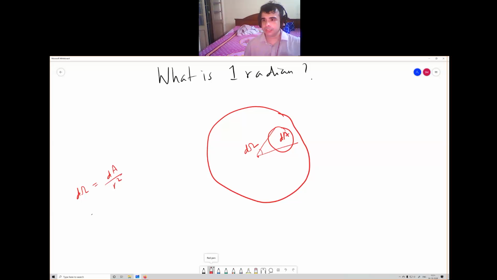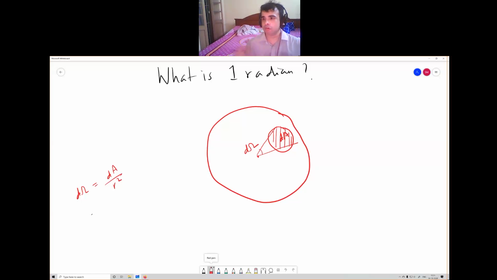Yes, very good, very close. So what she is saying is that if this area is equal to r square, then this angle is equal to 1 steradian.